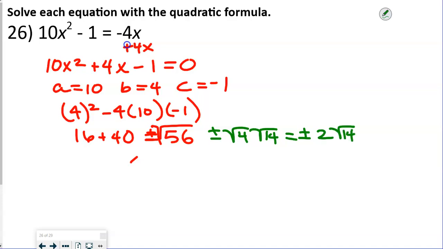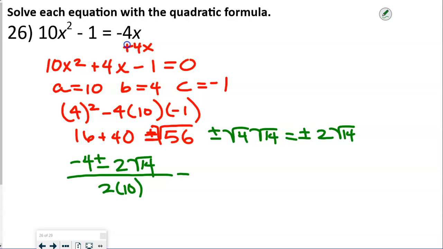So again, if I simplify this up here, then when I work the rest of my problem, I'm just having to plug in what was underneath that radical, y'all. So at this point, I'm going to go ahead and do minus b, which is minus 4, plus or minus my 2 square root of 14 over 2 times a, which is 10. So this is going to be minus 4 plus or minus 2 square root of 14 over 20, right?